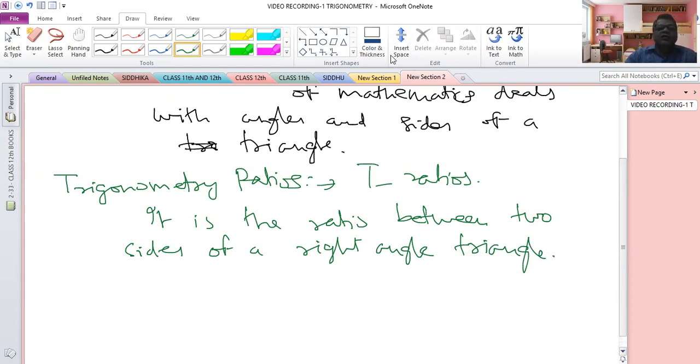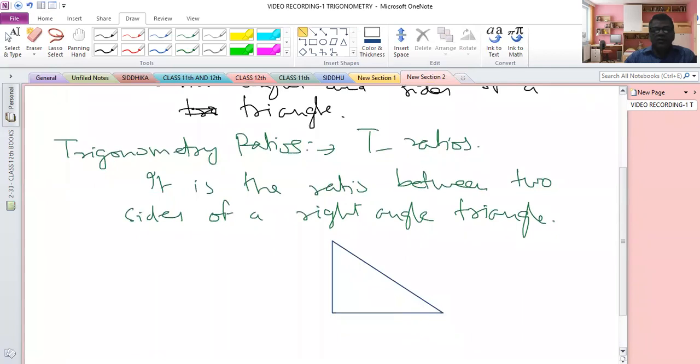Okay, student. अब you know that जो right angle triangle होता है, we have three sides in a right angle triangle. Okay. Let it be. This is a triangle given A, B, C. Okay.